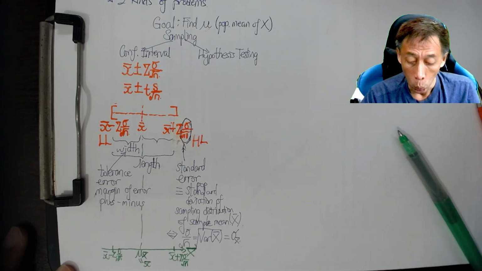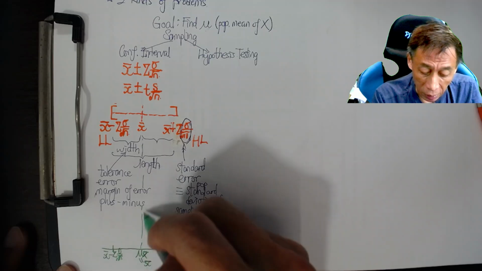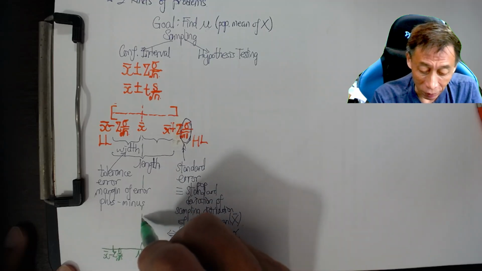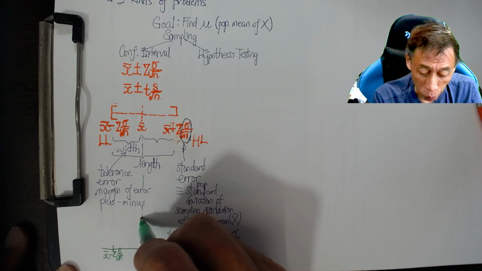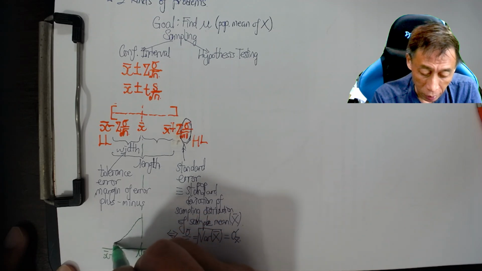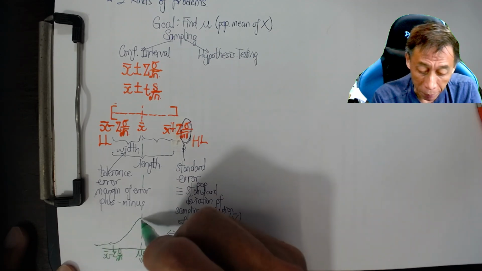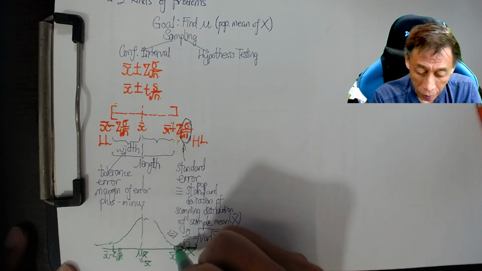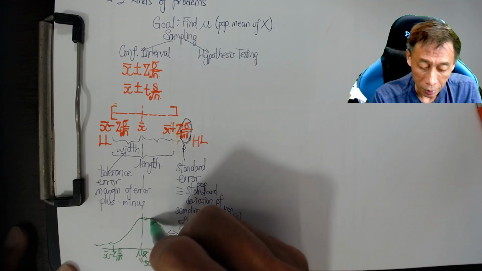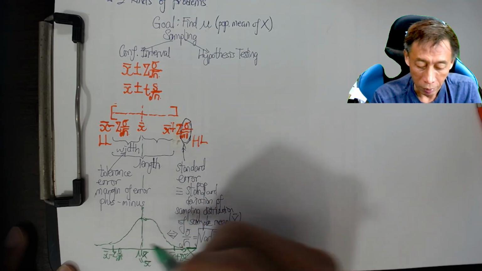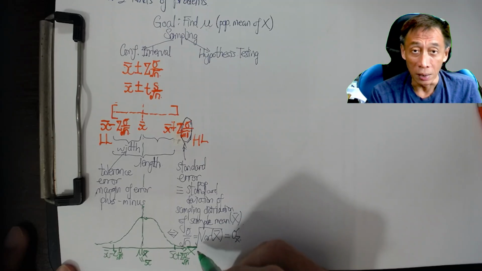The y-axis, however, is going to be our distribution, because remember, X bar has a distribution.